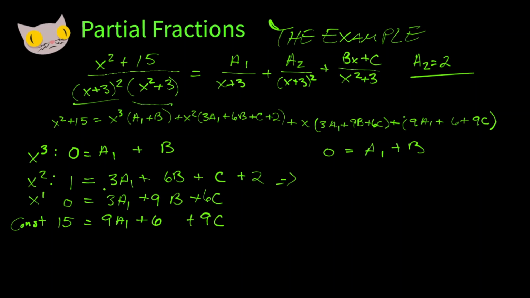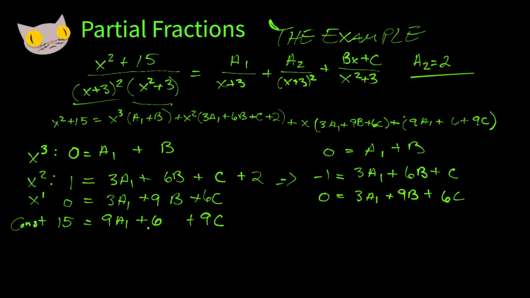So 1 minus 2 is -1, set to 3a1 plus 6b plus c. And then we can keep this the same: 0 set to 3a1 plus 9b plus 6c.